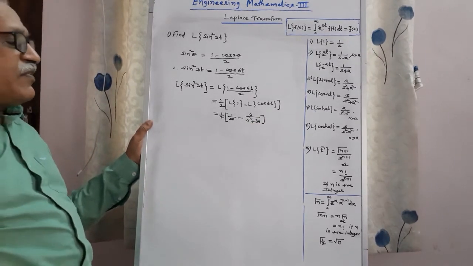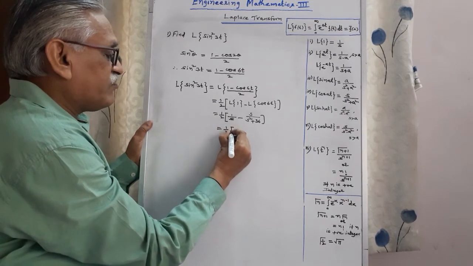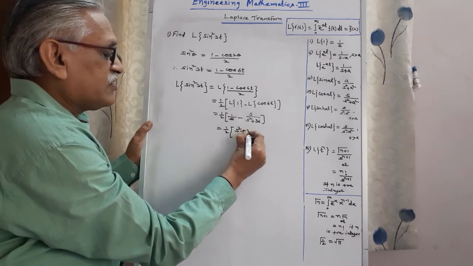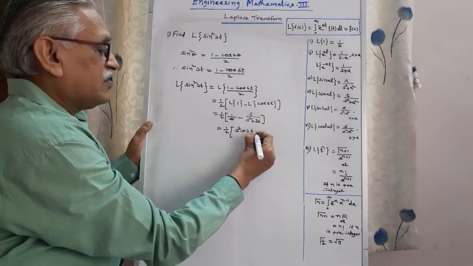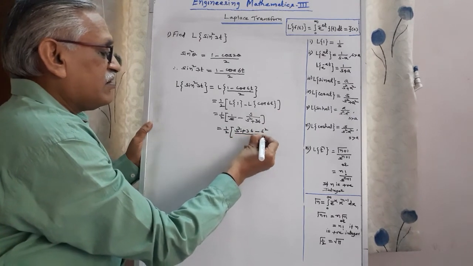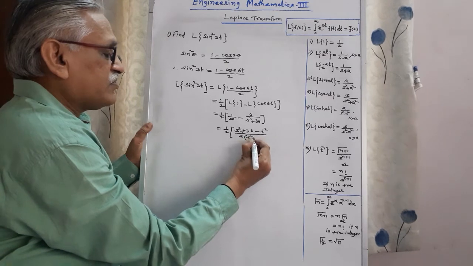Then we simplify it by cross multiplication. It is 1 by 2, 1 into this we get s square plus 36, minus this s square, divided by s into s square plus 36.